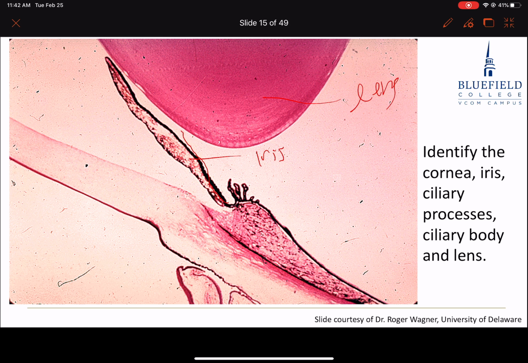Sclera. Okay, here's my ciliary body. Sclera is right here. This is my limbus where everything's going on. Cornea anteriorly, sclera posterior. Limbus is a region. It's not a nice line, it's a region.